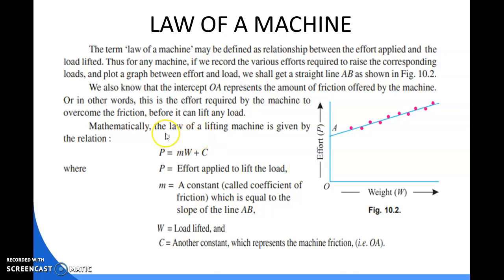Mathematically we represent the law of a machine as P is equal to mW plus C, where P is the effort applied to lift the load, m is the constant known as the coefficient of friction, which is equal to the slope of the line AB, W is the load lifted, and C is another constant which represents the machine friction.